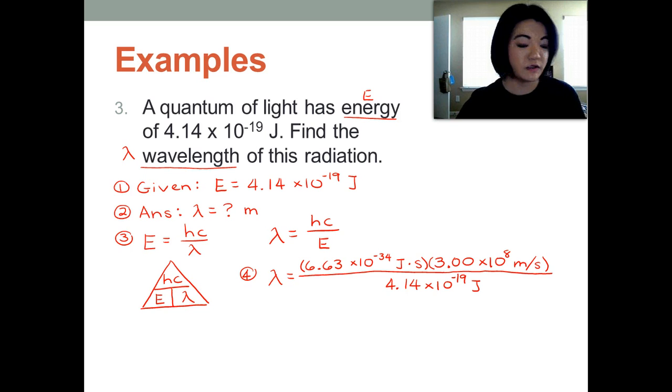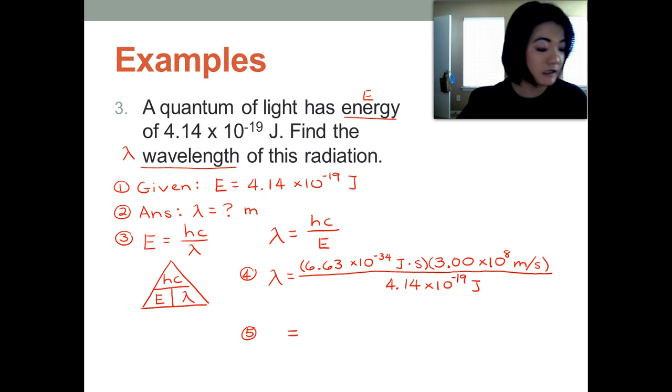Now what you're going to do is take your calculator and put this in. 6.63 e negative 34 times 3.00 e 8. And you're going to divide by 4.14 e negative 19. Now your given has 3 sig figs, so your answer should have 3 sig figs.